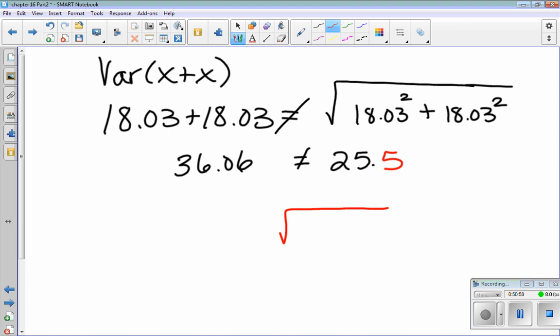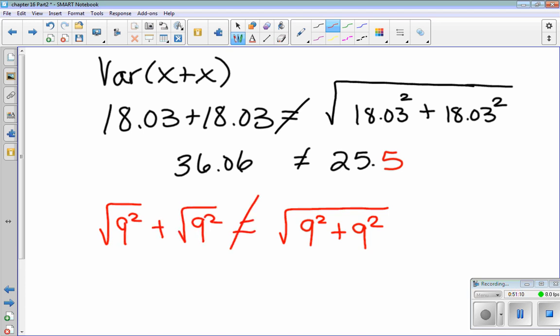Because 9 squared plus 9 squared is not the same thing as this. They are not the same thing. Do you agree with that, mathematically? Because we're talking about radicals here, we're going to work with the variances. We can add those and then just take the square root at the end.